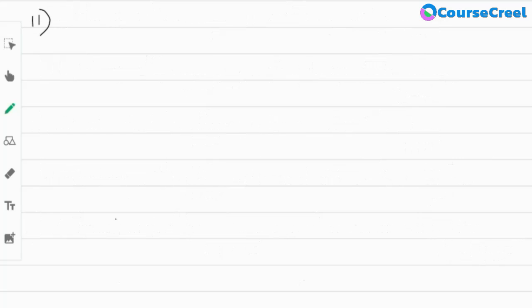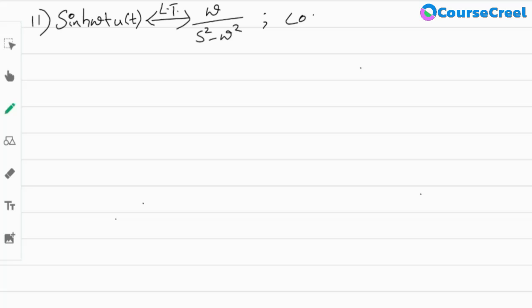And the next Laplace transform pair is the Laplace transform of hyperbolic sine and cosine functions. Laplace transform of sinh omega t u of t is omega by s square minus omega square, and Laplace transform of cosh omega t u of t is s by s square minus omega square.